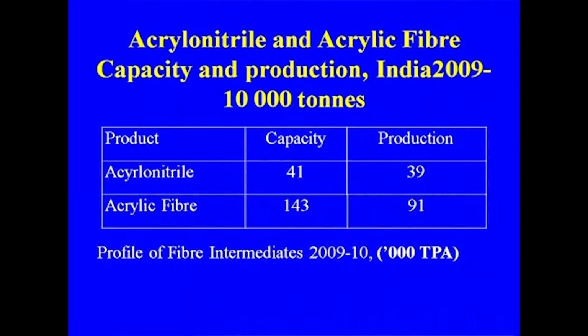This is the status of the acrylic fiber production capacity and production in India, that is, acrylonitrile and acrylic fiber. This is 41,000 and 39,000, and here for acrylic fiber 143,000 and 91,000. This is about the capacity and production of the acrylic fiber.